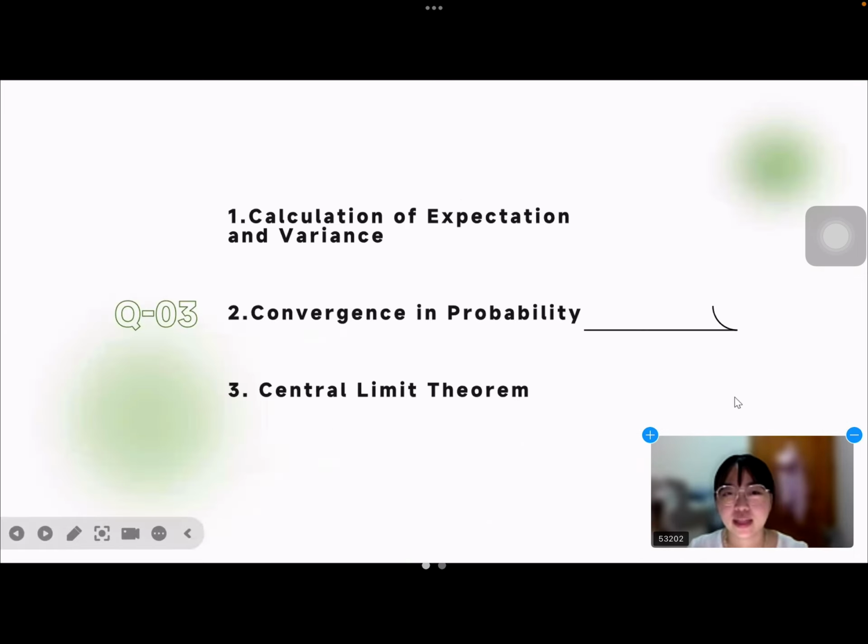So in this question we need to do some calculation of expectation and variance, and then prove the convergence in probability, and lastly we also need to use some knowledge about the central limit theorem.